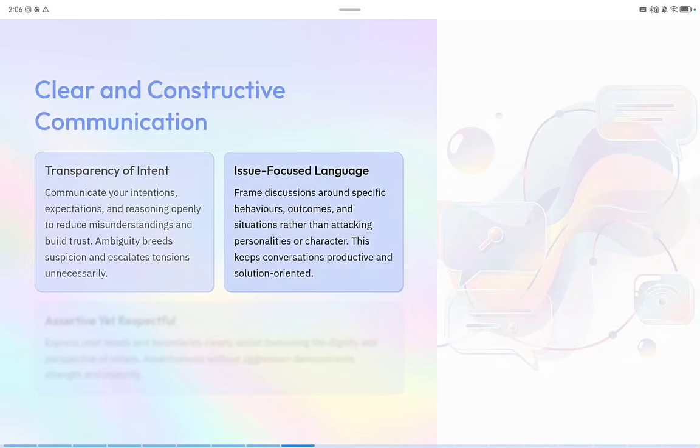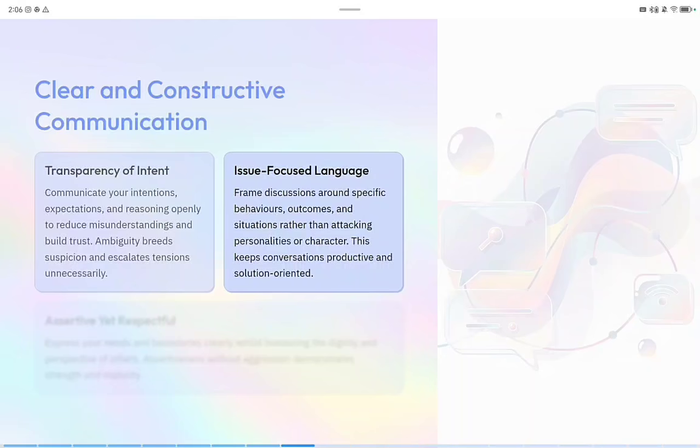The second thing is issue focused language. Frame discussions around specific behaviors, outcomes, and situations rather than attacking personalities or character. This keeps the conversations productive and solution oriented. For example, if you are solving for a department's productivity or a missed goal, then the language should always be centered on that goal.